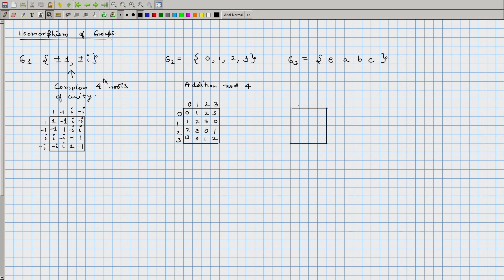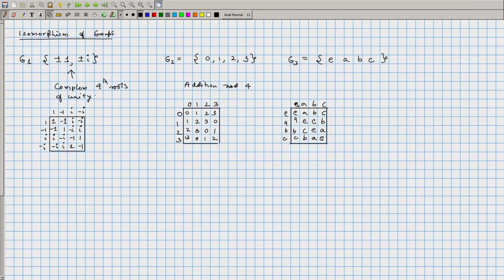We said E is the identity, any element which multiplied by itself gives the identity, and 2 different elements when they combine give the third element. So, B times A is C, B times C is A, A times B is C, A times C is B, C and A combine to give B, C and B combine to give A.